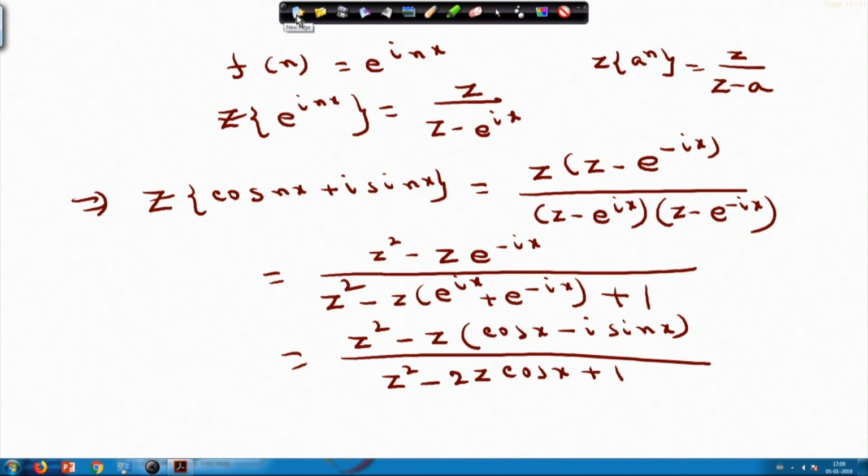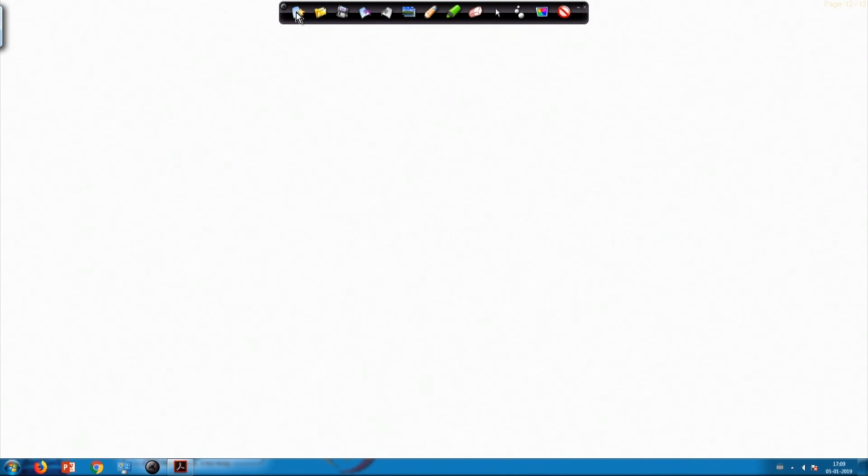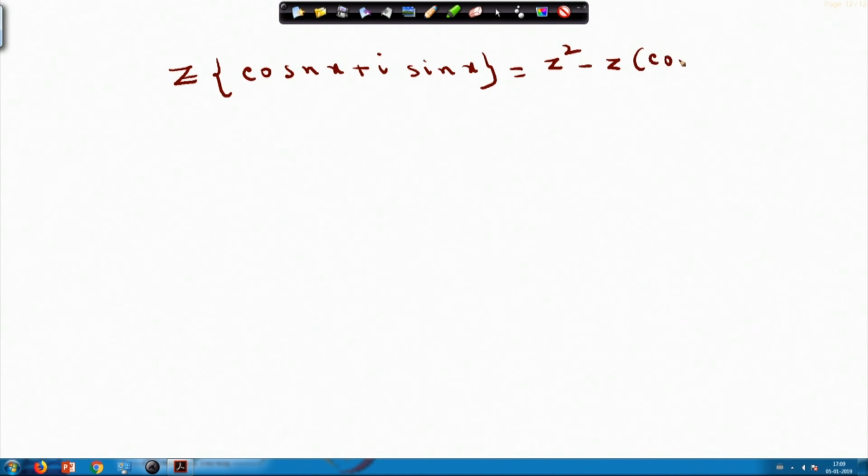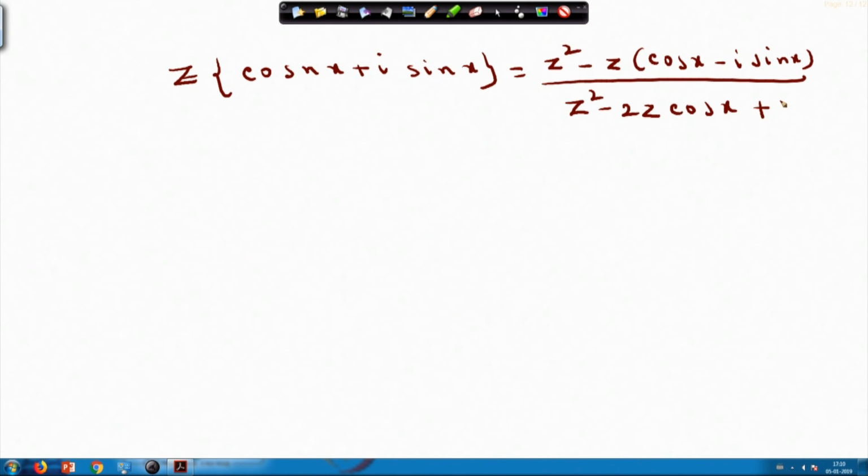So that I can write down your function. I got it something like this: z transform of cos n x plus i sin n x equals z square minus z into cos x minus i sin x divided by z square minus twice z cos x plus 1.